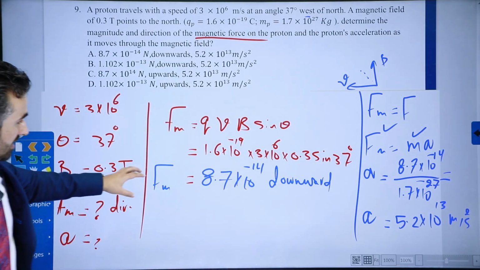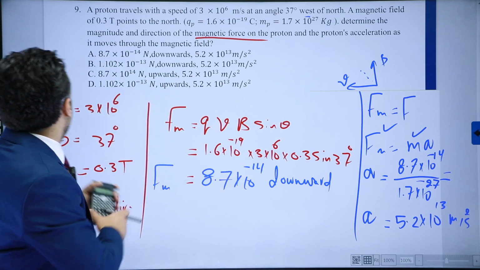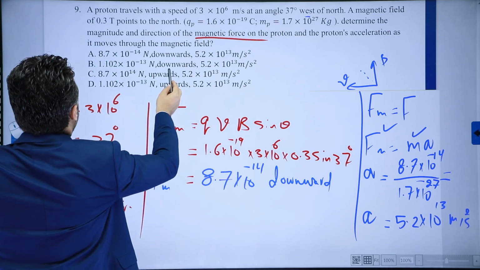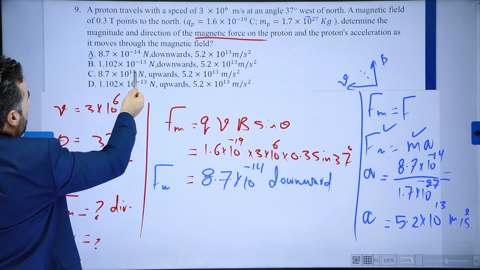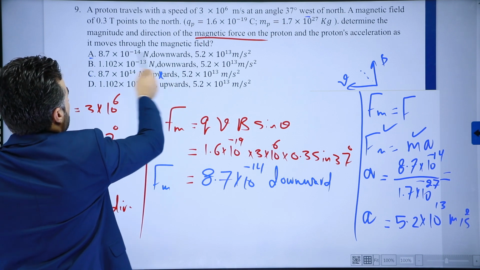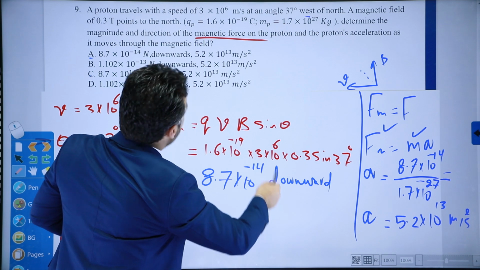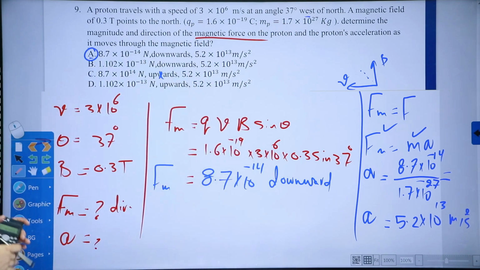Which one of these options is this? The force is 8.7 times 10 to the power negative 14 downward. There's 8.7. The force is downward, but this one says upward, so not this one. And then the acceleration is going to be 5.2 times 10 to the power 13. So the correct option is going to be option A here.